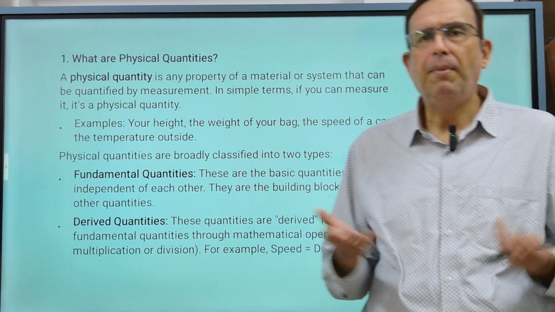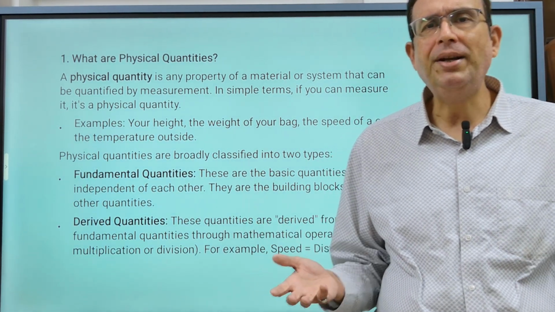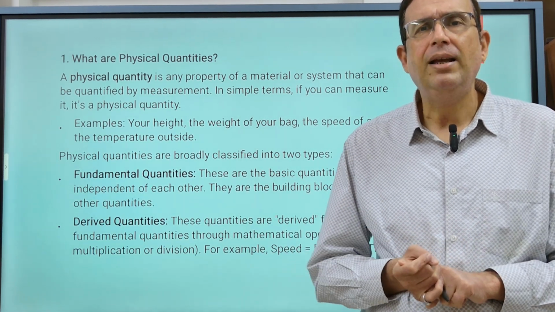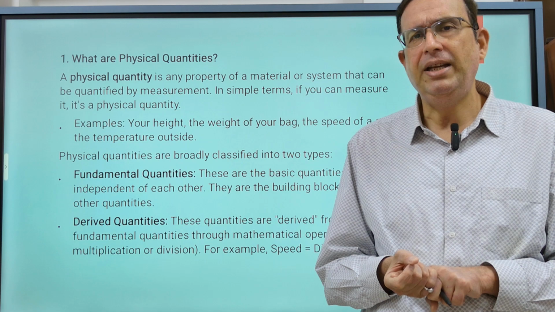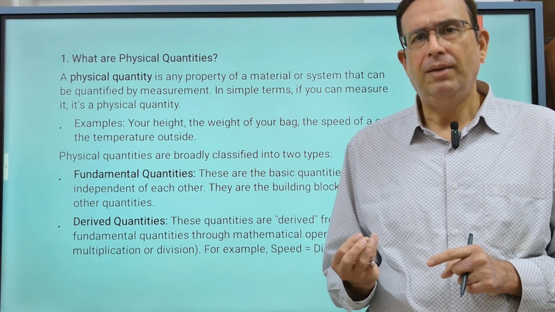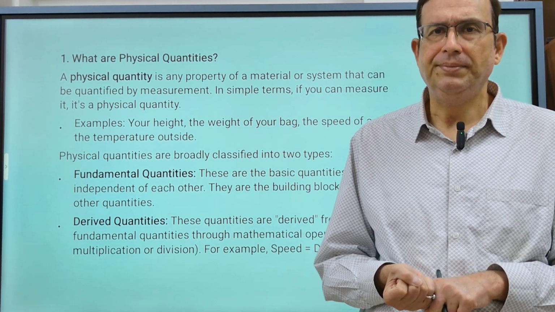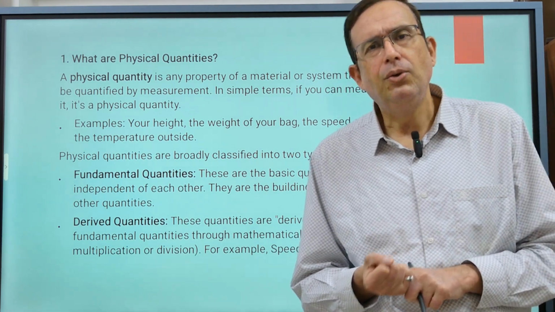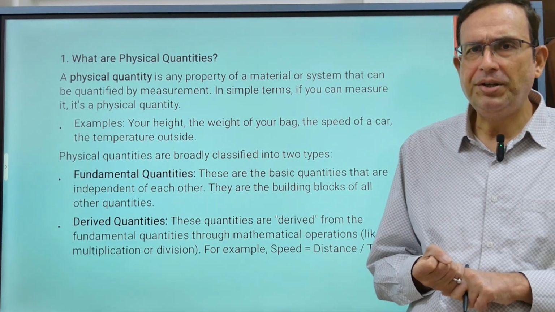Similarly, the mass of an object, either 1 kg or 90 kg, is again a certain property of the material expressed with a number associated with that property. If you can express it in numbers, then you have a physical quantity.